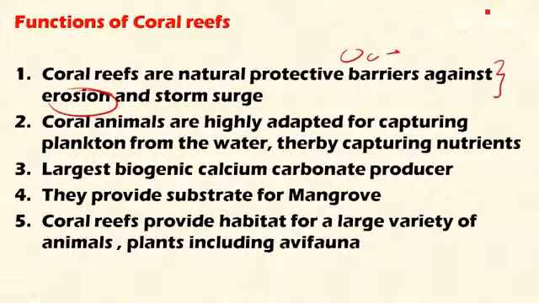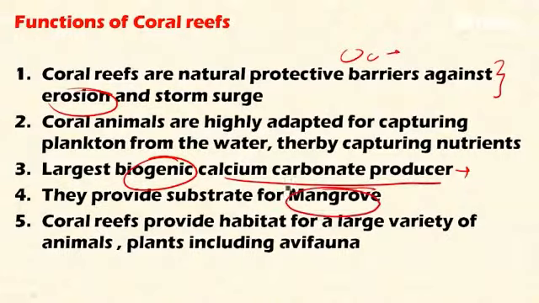Coral animals are highly adapted for capturing plankton from the water, thereby capturing nutrients as well. They are the largest biogenic calcium carbonate producer, that is, produced by biotic organisms. And they produce substrate, soil material, for the growth and support of the mangroves.